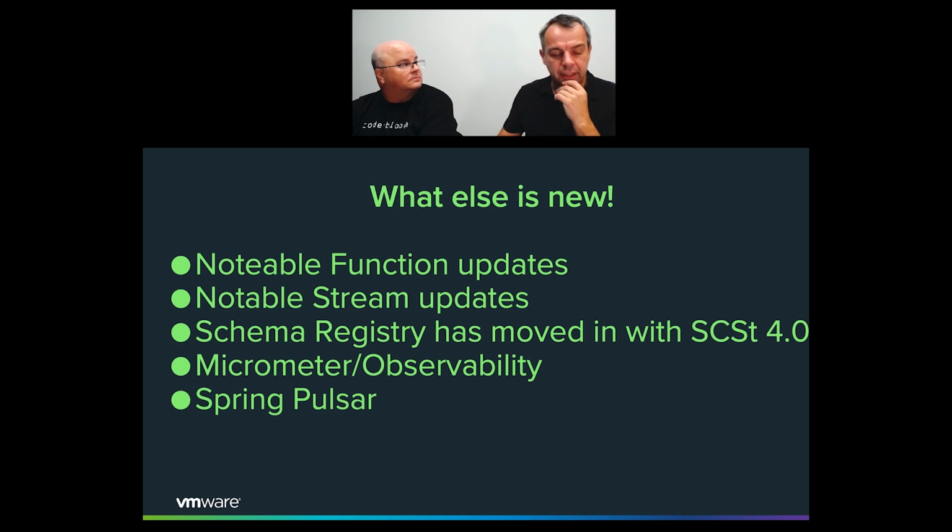There are a lot of enhancements and new features when it comes to AWS, including the newly announced AWS SnapStart support based on Project CRaC. So all these things are coming out with the new release of Spring Cloud Stream, Spring Cloud Function, and, like I said, Spring Cloud. That said, I think we're done, Glenn.